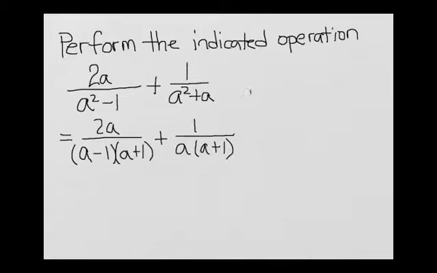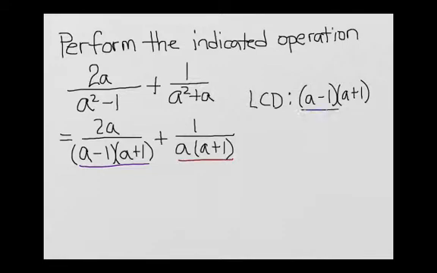So now we need to find a least common denominator for our two fractions, and we'll start off by including the factors from the first fraction. So that's a minus 1 times a plus 1, and then we also need to include the factors from the second fraction.